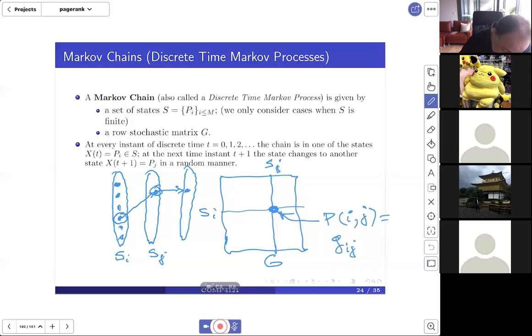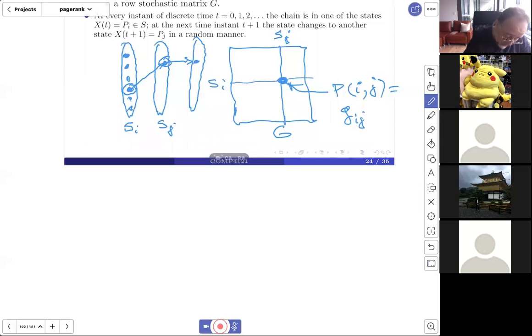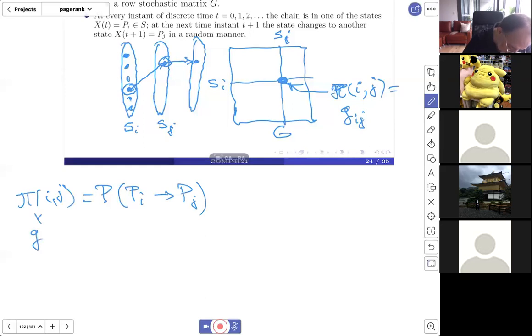So notice, in our new surfing model, the probability to go from page pi into page pj, which is the same as the entry Gij in the matrix, so what is that probability? Well, there are two cases.